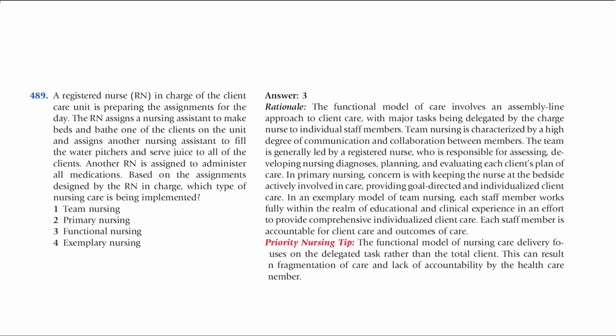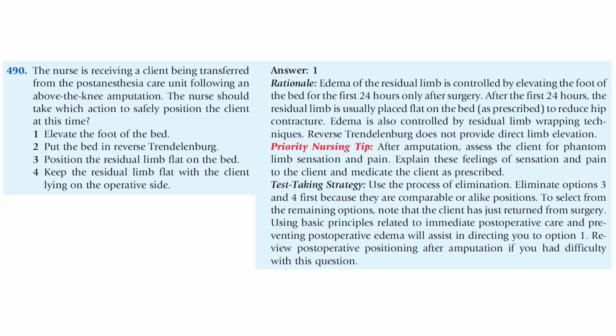In primary nursing, concern is with keeping the nurse at the bedside actively involved in care, providing goal-directed and individualized client care. In an exemplary model of team nursing, each staff member works fully within the realm of educational and clinical experience in an effort to provide comprehensive individualized client care. Each staff member is accountable for client care and outcomes of care.